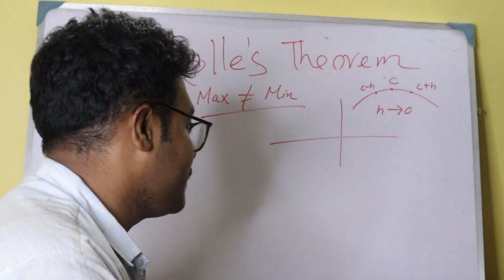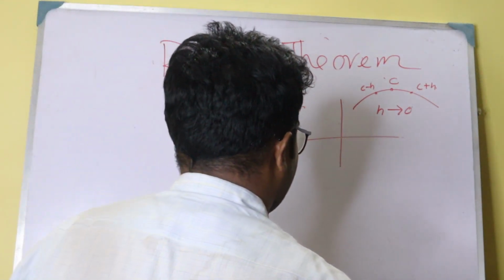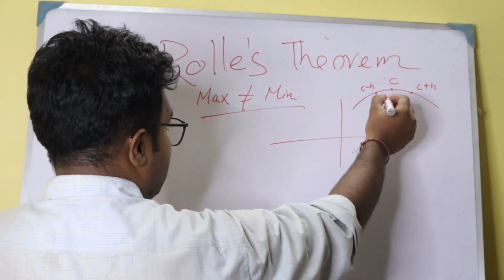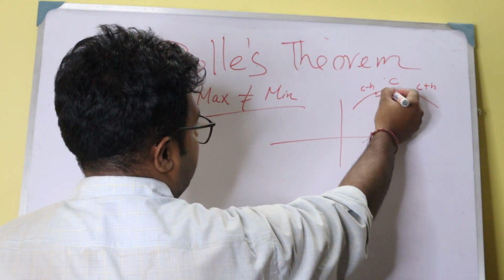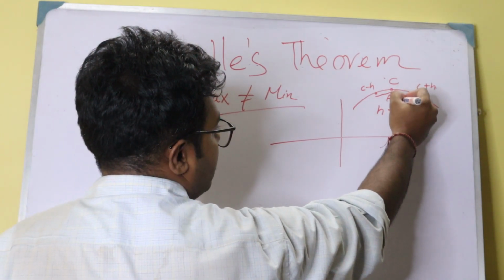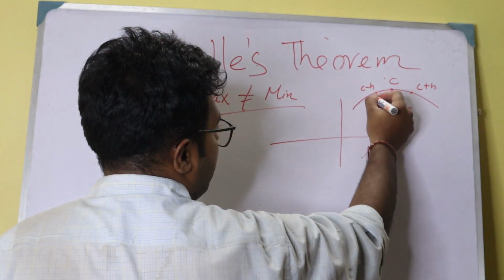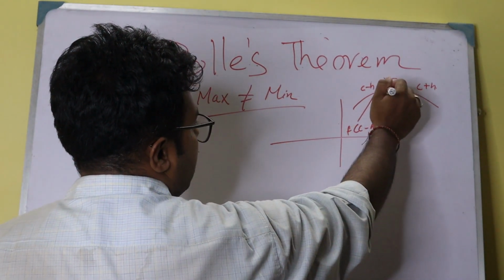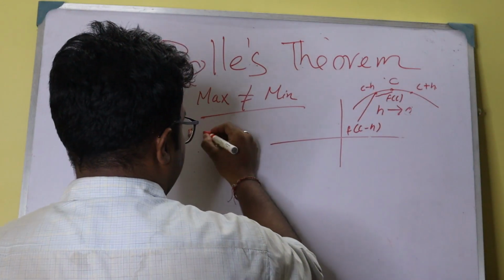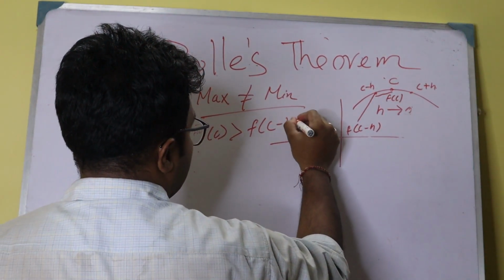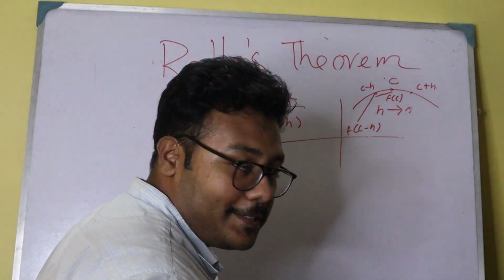Now see, suppose we are taking these 2 points, see here f of C, and this part will be f of C minus H. Now this part is greater, that is f of C is greater than f of C minus H, right?